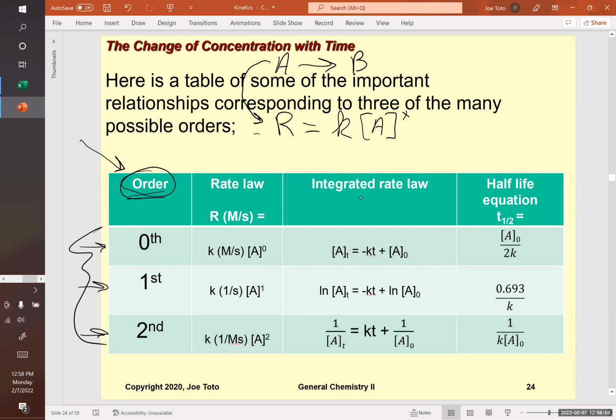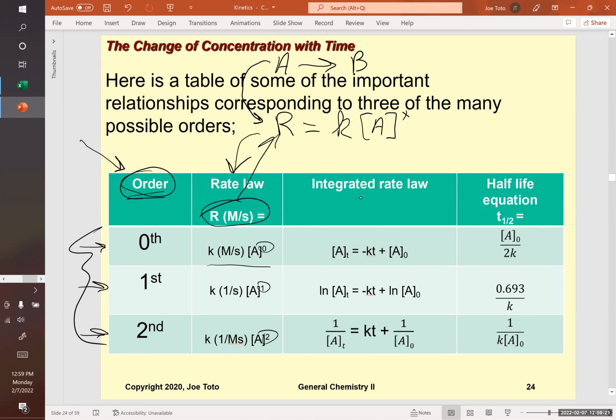So the next column is the rate law itself. The rate here is in units of molarities per second, which are the units we're going to try to use for the rate of any reaction. And that equals our three possibilities, zeroth, first, and second order dependency.